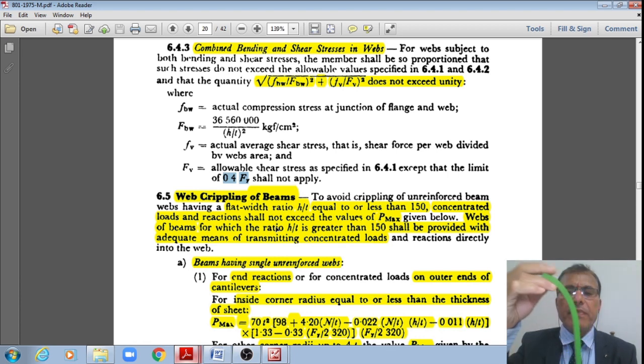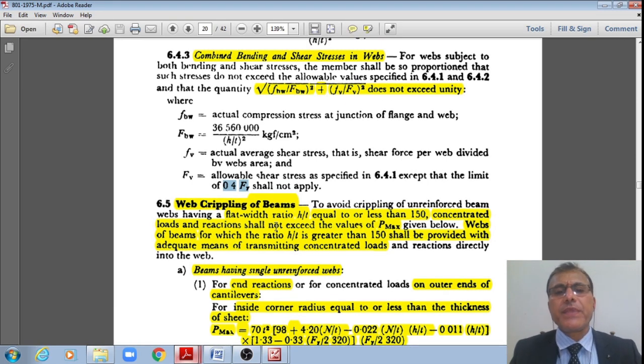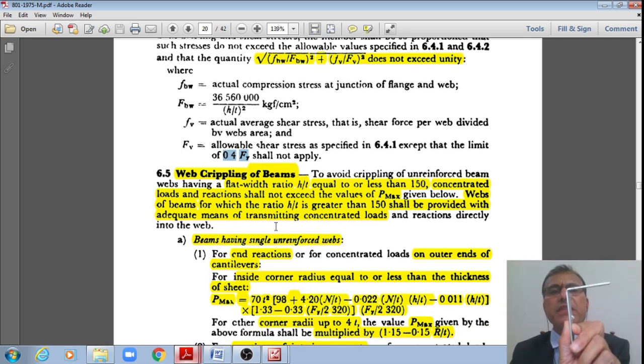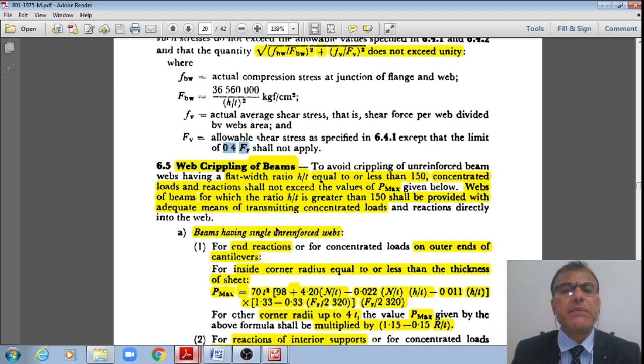As the thickness of the web is very small, to transfer this load safely to the bottom plane, the crippling of the beam will occur at the intersection of the flange with the web, right? At this region, that is what is called web crippling of the beams.